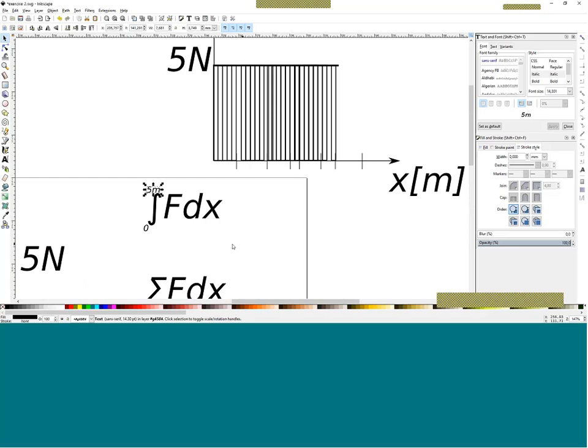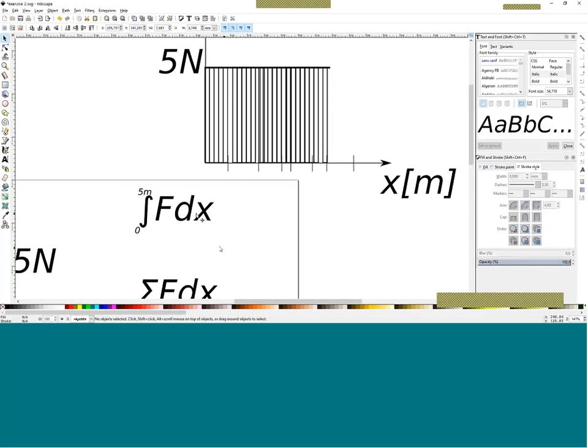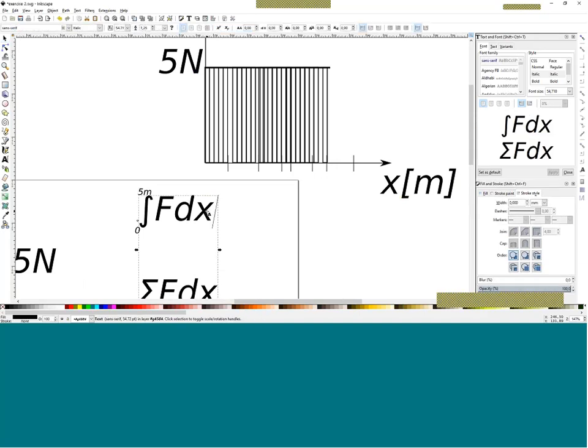So my question is, how do we integrate this? I don't know if you guys have done integration before, assuming maybe a little bit, but hopefully you guys know how to integrate. Can you integrate this thing? What's the integration?